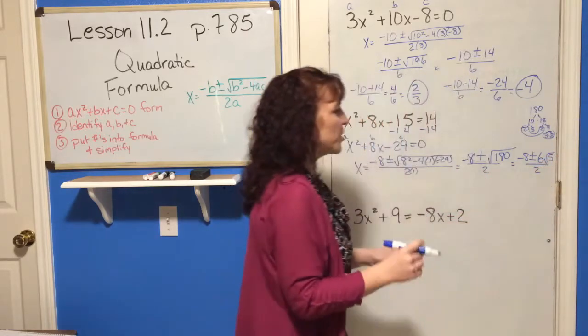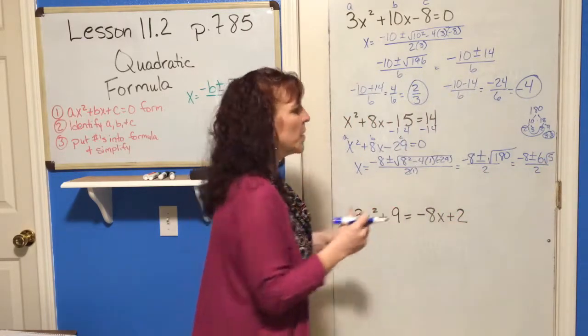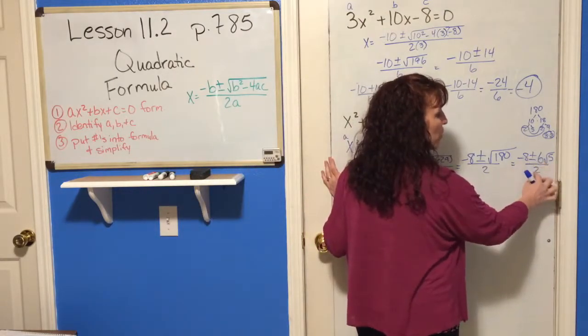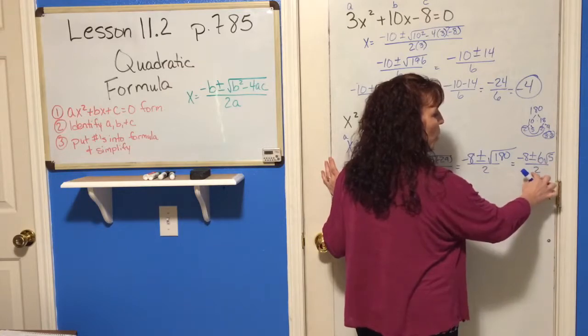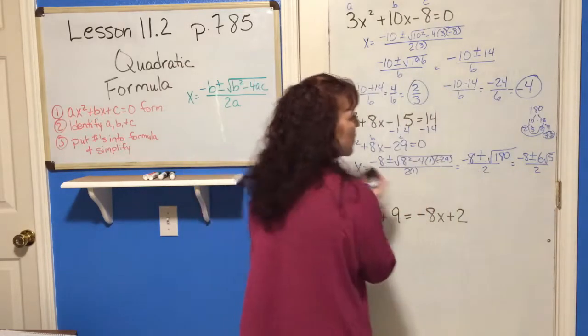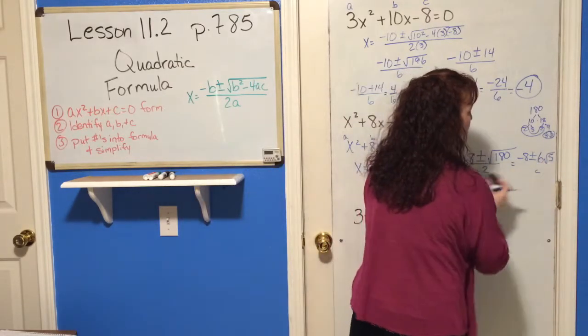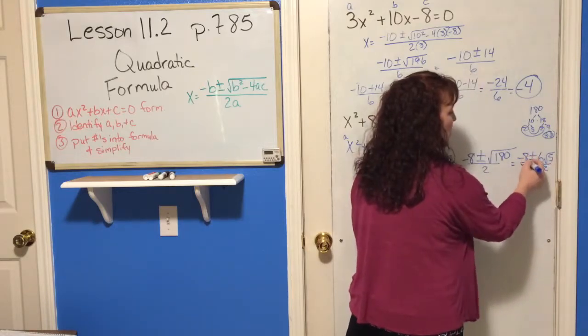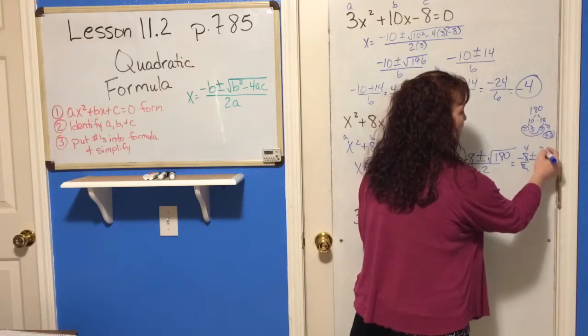And you say, yay, I'm done, but guess what? Because this 8 and this 6 both can be reduced by the 2, what we're going to do is split it up, and put each of them over 2 separately so we can reduce it and say this is 4 and this is 3.